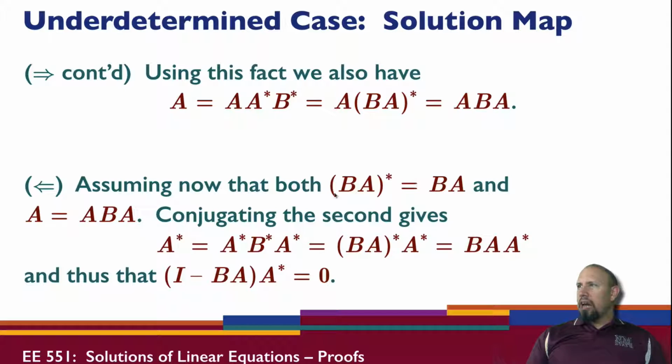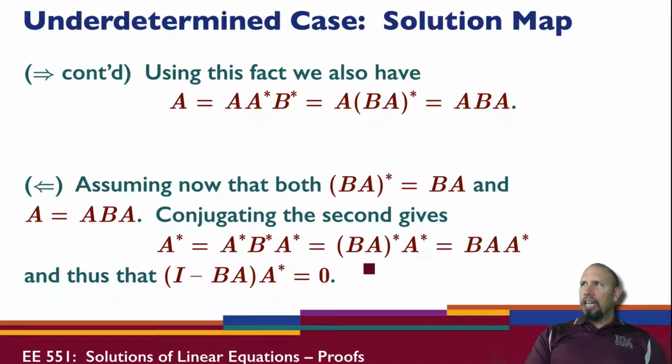Assuming now that both of those two conditions hold, we conjugate this condition and get this. We use the fact that A adjoint B adjoint is BA quantity adjoint. That is self-adjoint, so I get this. I move this term over to the other side and factor out A adjoint, and I get this condition. So I've shown that those two things are equivalent to one another.